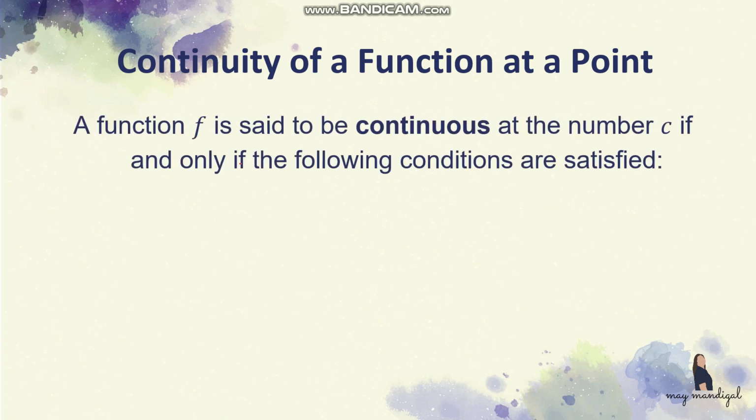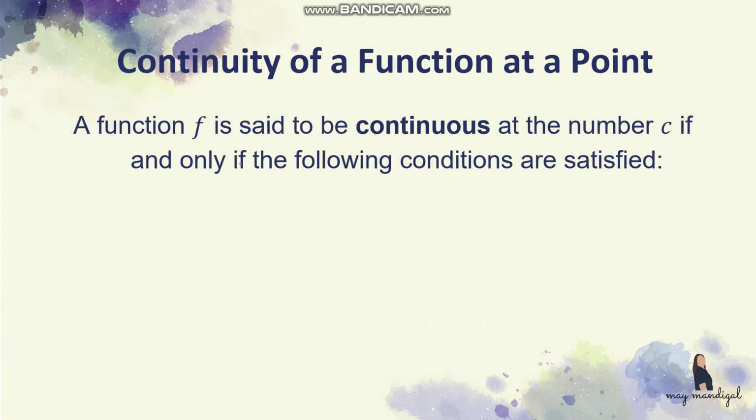A function f is said to be continuous at a number c if and only if the following conditions are satisfied. When we say a function is continuous at a certain point, we're going to check if there will be a hole at that point, or is that particular value of x part of the domain, and so on.